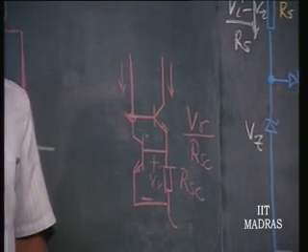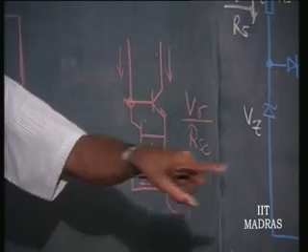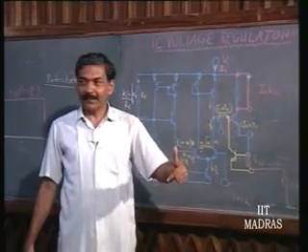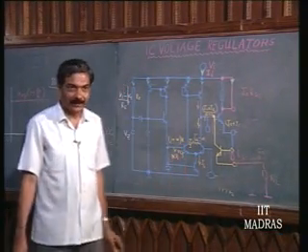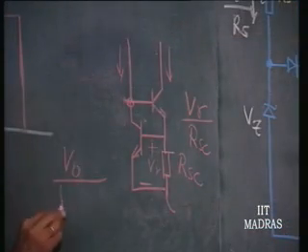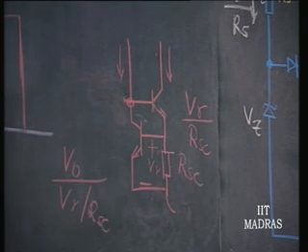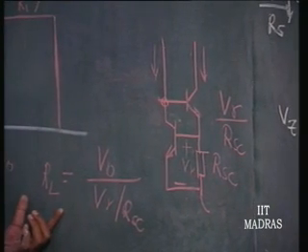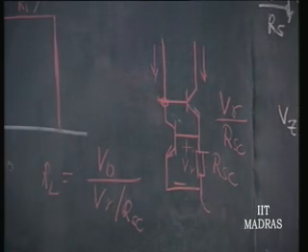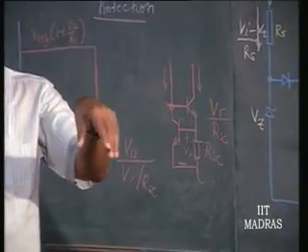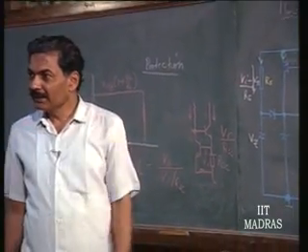That means, if I connect a load resistance value here which is lower than V naught divided by, that is V gamma divided by RSC, that is the lowest resistance it can tolerate. If I put a lower resistance than that, current flowing through that load resistance is going to be now V gamma by RSC.